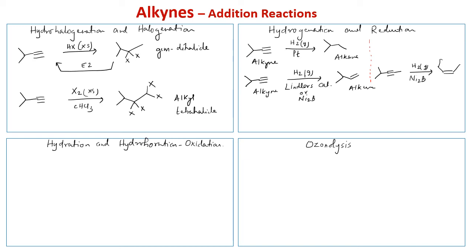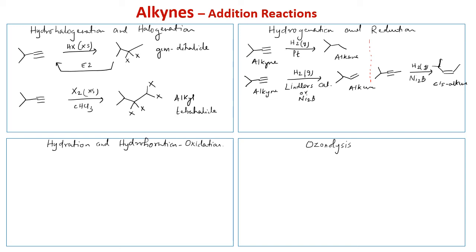So we get a cis alkene as our product using this hydrogenation reaction with a poison catalyst.